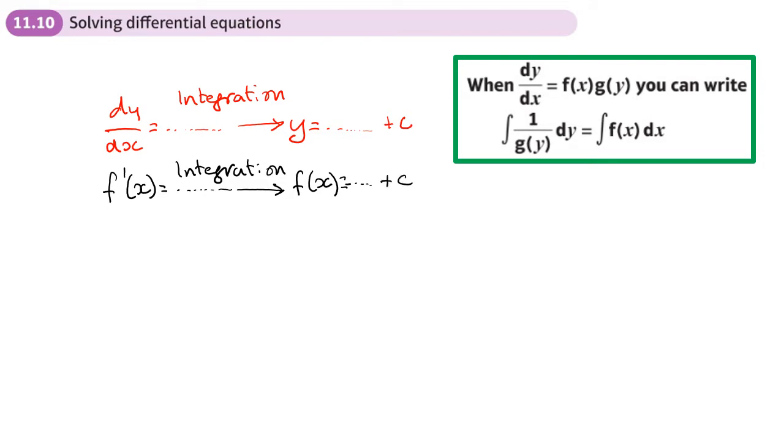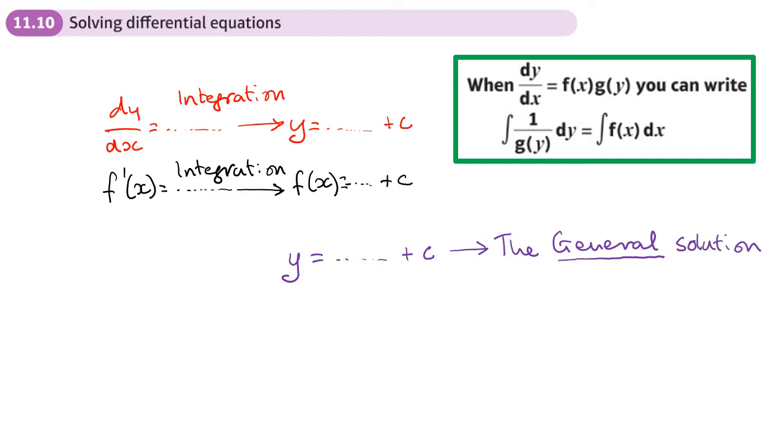Now when you solve a differential equation, if your solution is written in the form y equals, or f of x equals something plus c, we call this the general solution.